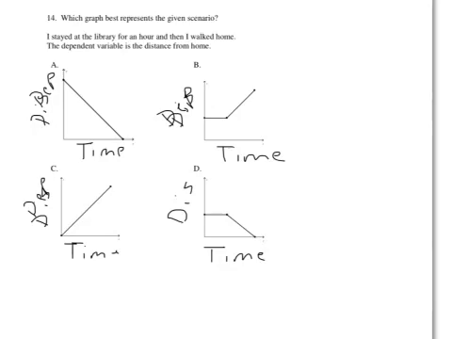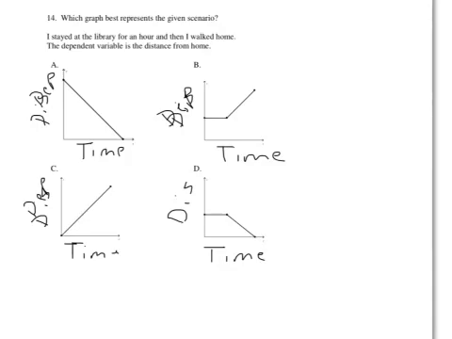Here, if this is home and this is a mile away, I'm showing that I am walking away from home. In B, we see that the distance from home is not changing at all. If it's a mile, I'm still in that same place for that amount of time. So both of these look good so far for staying at the library for an hour.